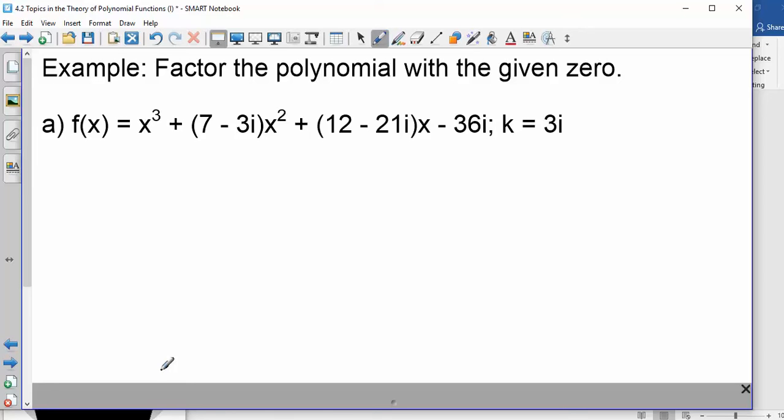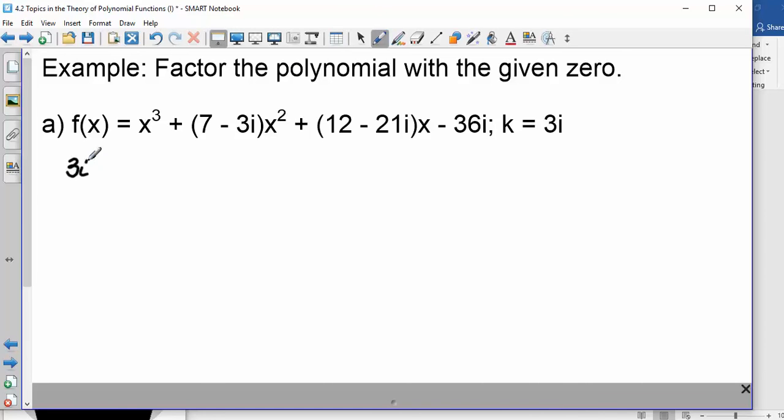Got all these i's in it. But I gave you a zero. I told you that 3i was a zero. So where do you begin? Synthetic with the 3i.